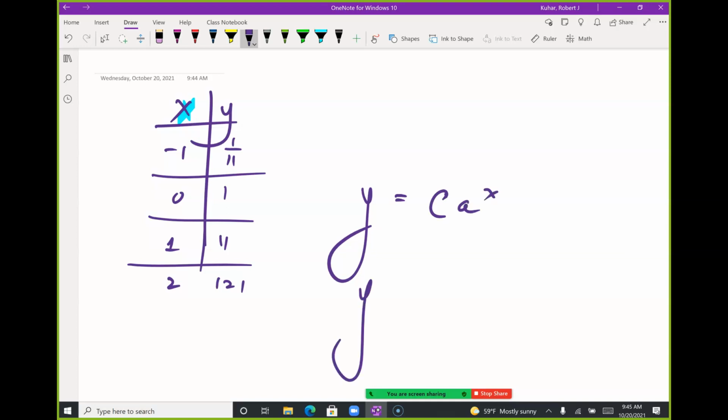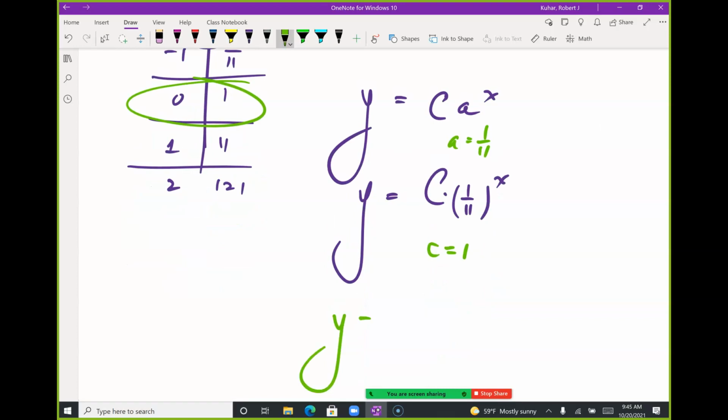So I think I got the a as 1 over 11. I just now have to figure out that initial value. You can see the initial value here, but I might have to plug in a point to really think about it. C should be 1. So we had a is 1 over 11, c is 1, and then I'm done. y equals 1 over 11 to the x.